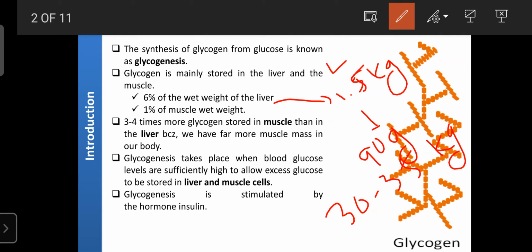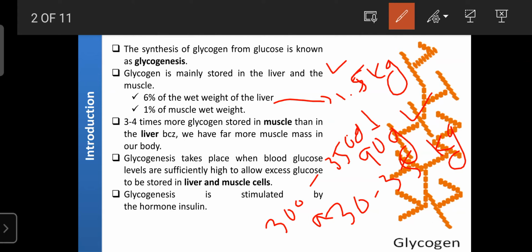So in the muscle the glycogen is around 300 to 350 gram, while the liver has only 90 gram. That's why muscle contains more glycogen as compared to the liver.